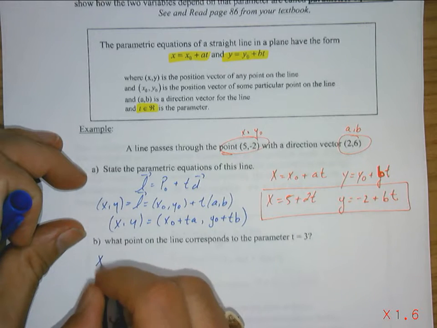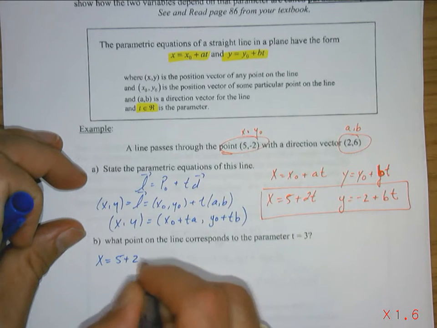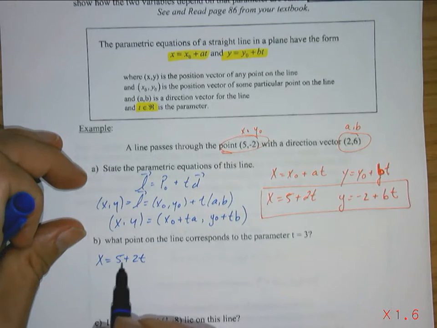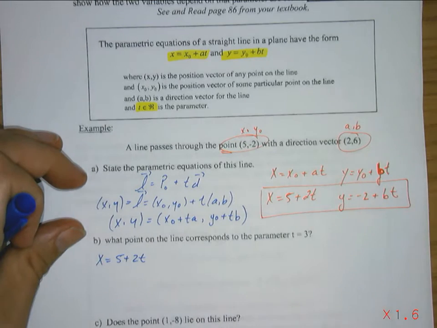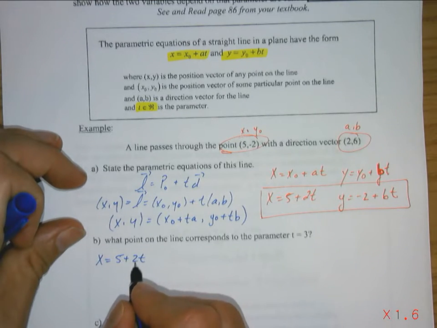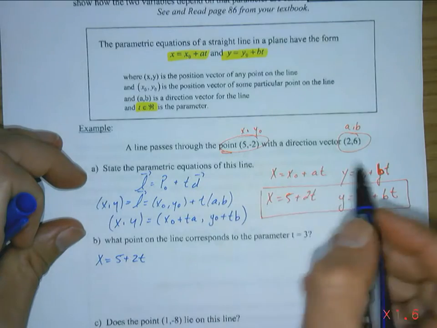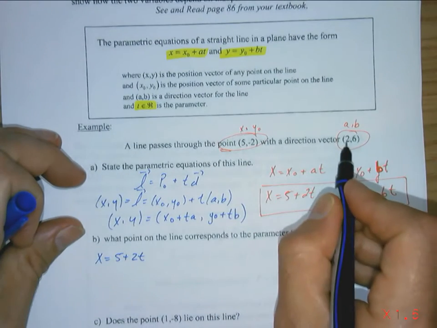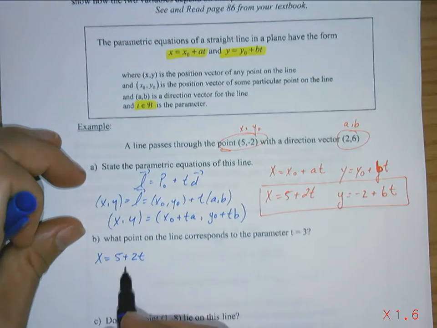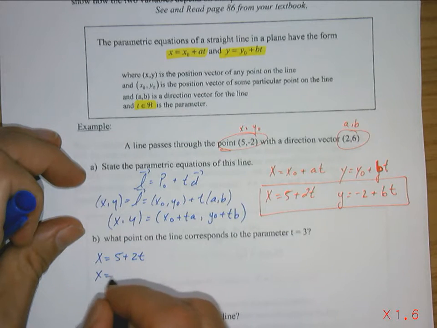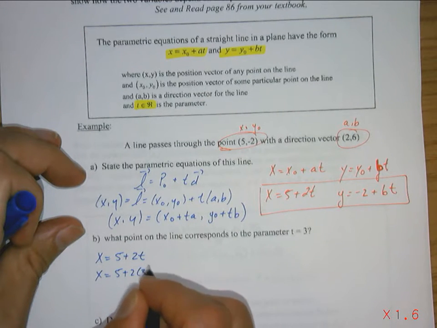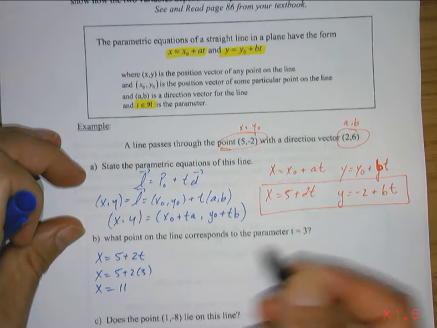So if my parametric equation says x equals 5 plus 2t, and I move 3 direction vectors down, then that's going to be 3 values of the a value in the direction vector being added to my x, so it's going to be 5 plus 2 times 3, which is x equals 11.